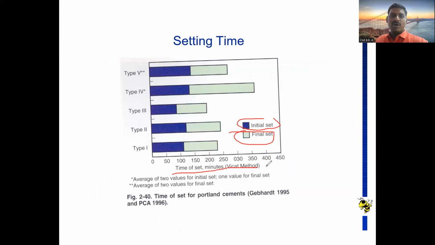This time, in minutes, we have to measure while performing this test on the Vicat apparatus. Here types 1, 2, 3, 4, 5 are given, and the initial and final setting times are also given.